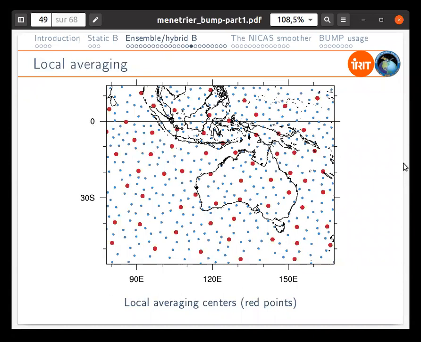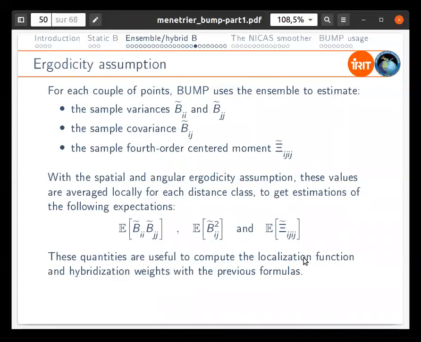Then we will do a local averaging. Here the red points are selected, and we will average the diagnostics we've done in the previous steps around these red points. With the spatial and angular ergodicity assumption, we will average locally the values we computed in the previous steps to get estimations of the following expectations here.